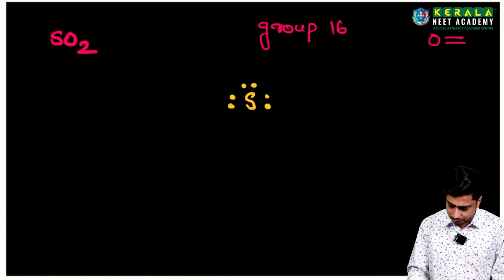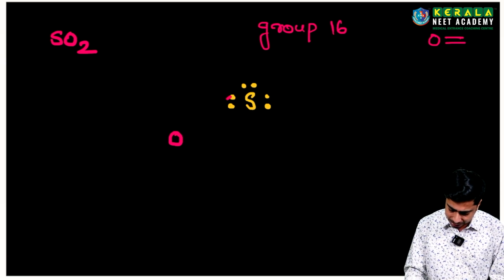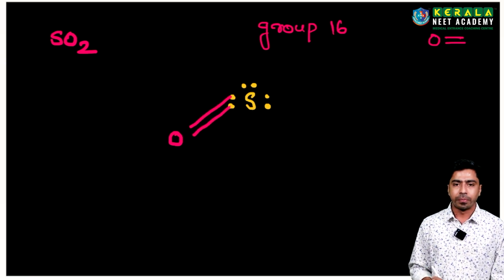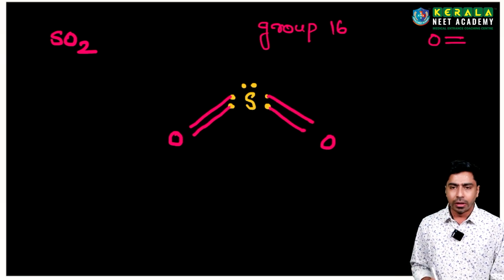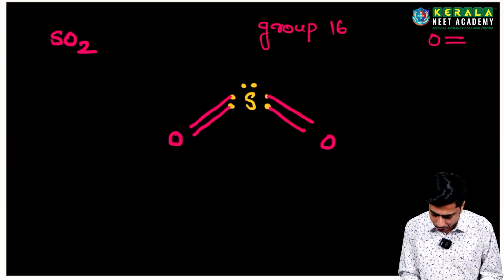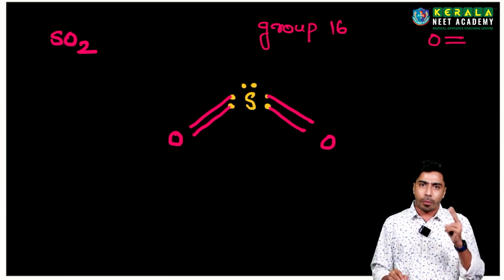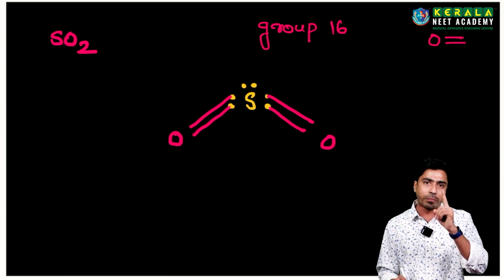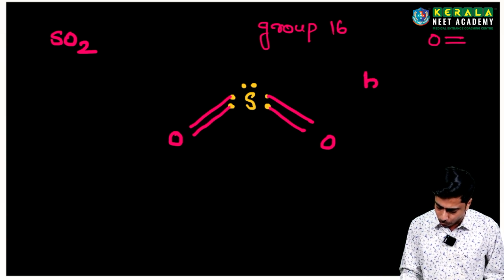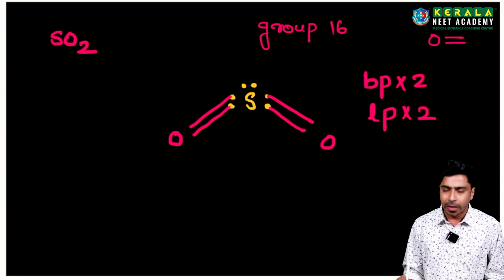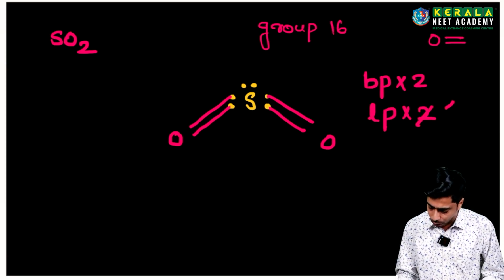So here, the first oxygen atom takes 2 electrons from sulfur. The next oxygen atom also will take 2 electrons from sulfur. The remaining, you'll be having 1 lone pair. That means 2 non-bonded electrons will be treated as 1 lone pair. So now I can say there are 2 bond pairs and only 1 lone pair.